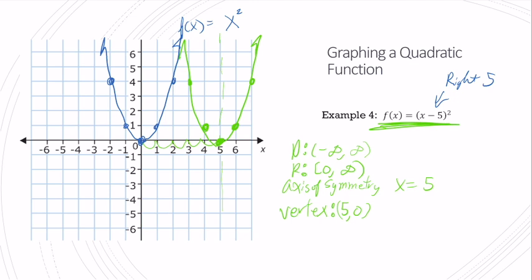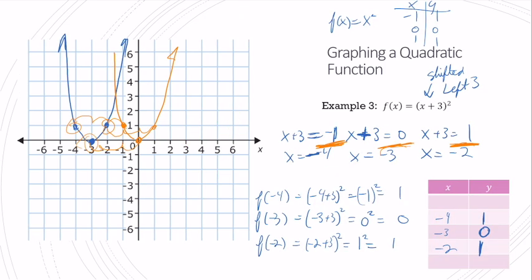Let's take a look at example 3 and label the vertex and axis of symmetry and all those lovely things. So my new vertex here for our function in blue is when x is negative 3, y is 0.